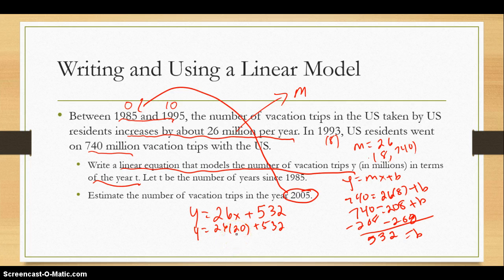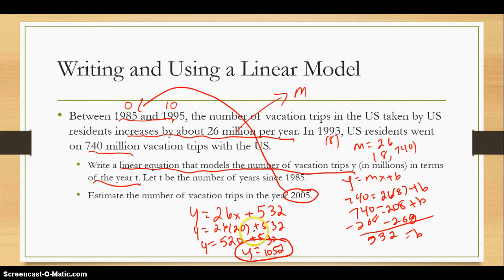So 26 times 20 is 520, plus 532 would equal y equals 1052. So now this is my answer.